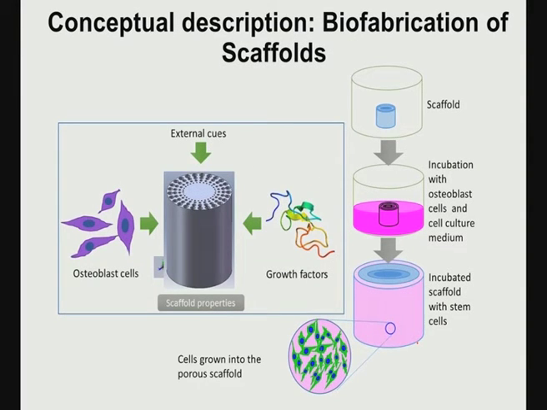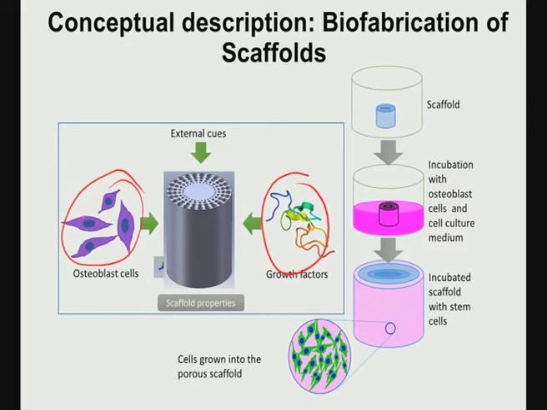Now, in tissue engineering applications, this is called biofabrication. Why the bio? The word bio is used simply because you are using certain growth factors and cells together with the material from which you are making the scaffold, during the fabrication itself, in situ. That means with the help of growth factors and cells, or osteoblast cells, like bone forming cells for bone tissue engineering.